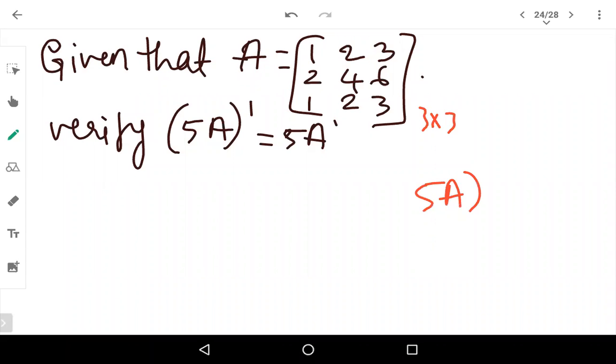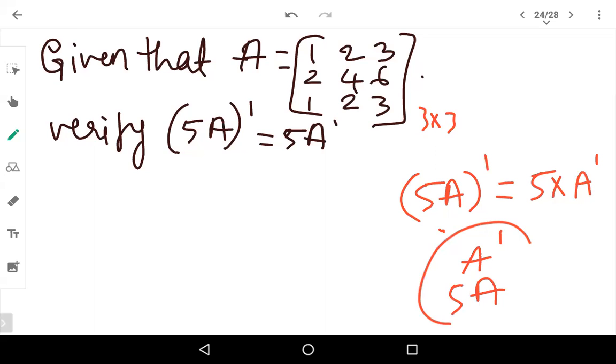In 5A transpose, you have to find the transpose of 5A, which has to be equal to 5 into A transpose. So what is the first thing that we have to find? We have to find A transpose. We also have to find 5A. Once we do both of these, then we can multiply 5 into A transpose and find the value.